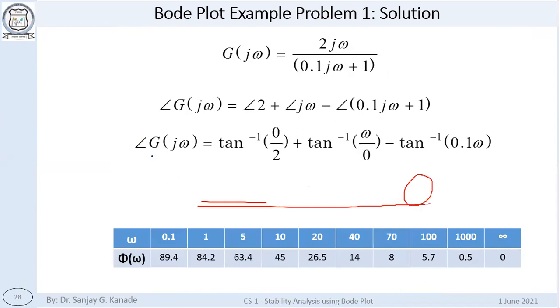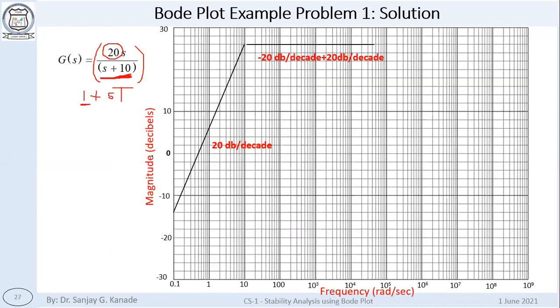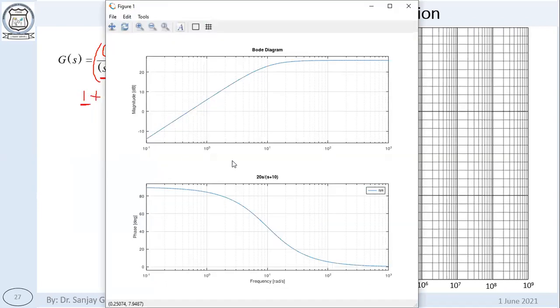When we draw our graphs on paper, these corner frequencies will be clearly visible because we are plotting asymptotic Bode plots. But when the software does it, it is just going to plot smooth plots.